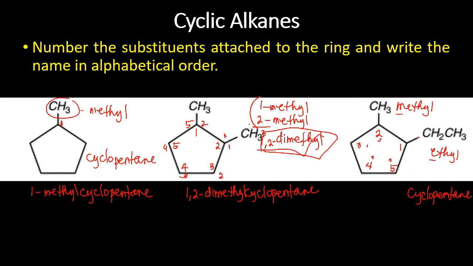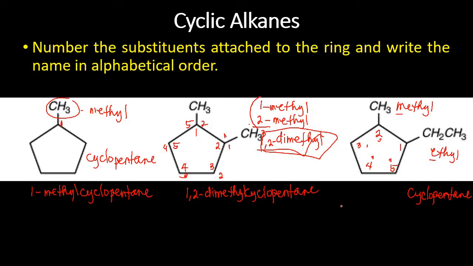After giving numbers to our substituents, we make sure that when we attach the substituents to our parent ring, we alphabetically arrange the substituents also. So, mauuna si ethyl kesa kay methyl. Ayan.